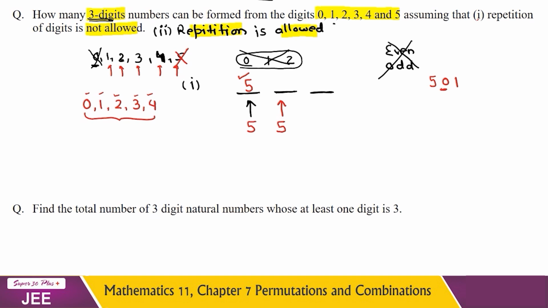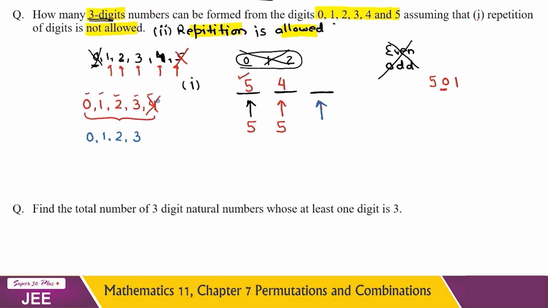Alright, let us consider that while filling up this place, I kept 4 over here. So now 4 is gone. Now coming to third place, in how many ways can the third place be filled up? For third place we have 0, 1, 2 or 3. Why?